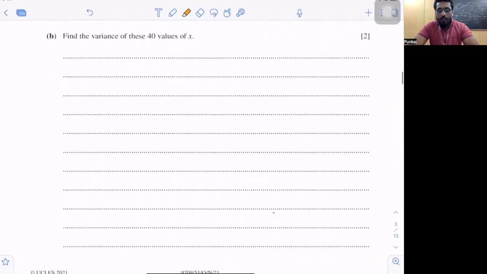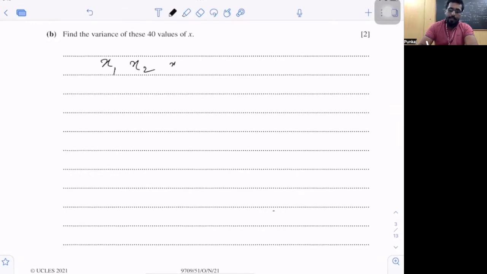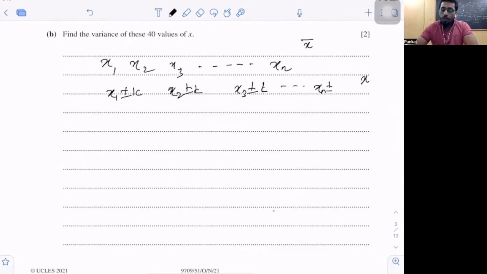Again, the concept of coding is needed. You want to find the variance of the 40 values of x. Now try and understand, students. According to the coding concept that we have learned, if you have variates x1, x2, x3, and so on up to xn, and the mean is denoted by x bar, then if every individual score gets added or subtracted by k, the mean also gets added or subtracted by the same amount.